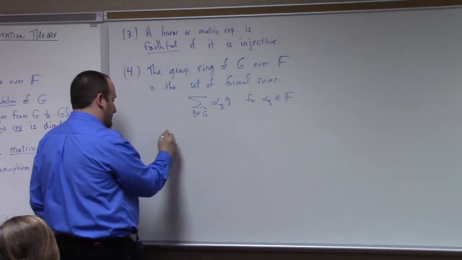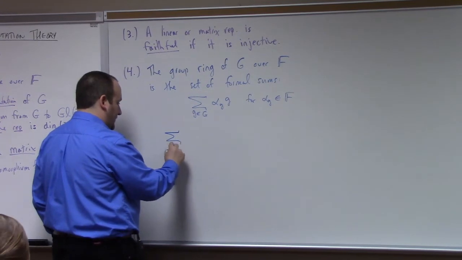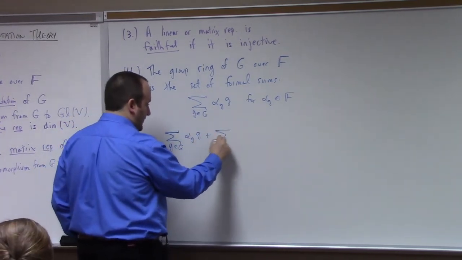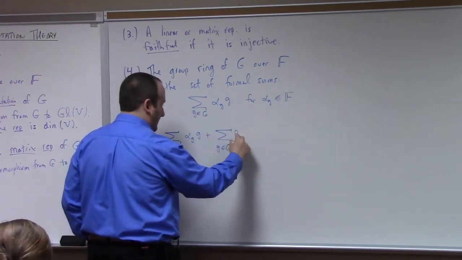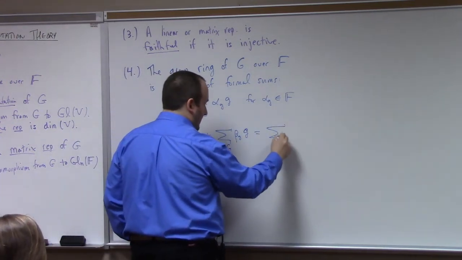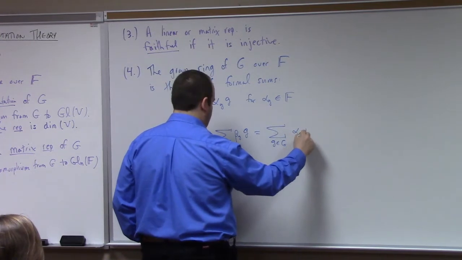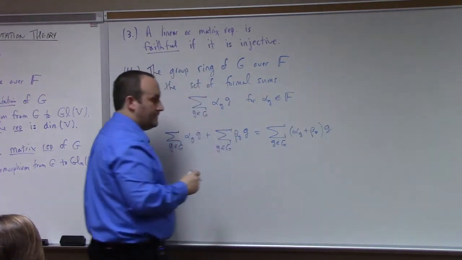So if I had the sum over g in G of alpha_g g plus the sum over g in G of beta_g g, that would be the sum over g in G of (alpha_g plus beta_g) g, right?